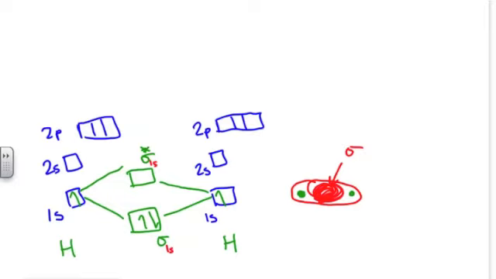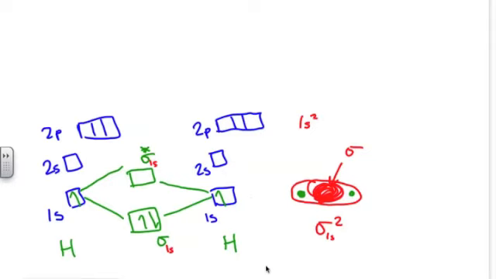Now, the configuration of this then is sigma, a little 1s subscript, and then a superscript of 2, the same way we would say 1s².